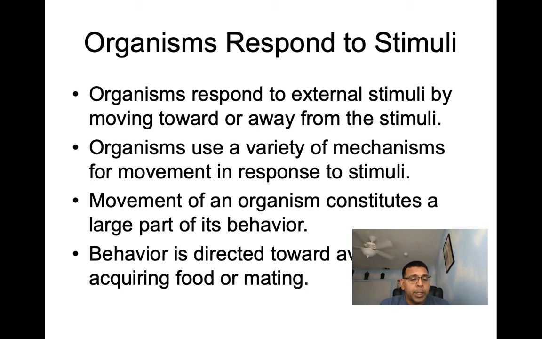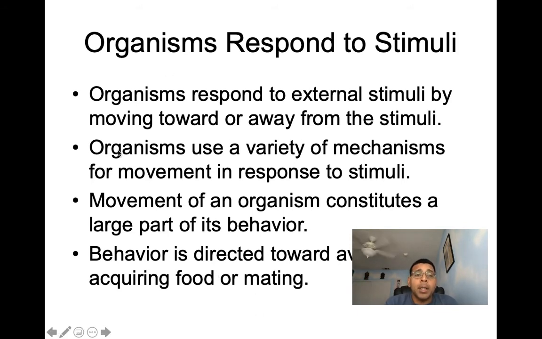Now, when we talk about movements in animals, including humans, it is dependent upon their nervous system and musculoskeletal systems. Behavior is going to be directed towards avoiding injury, acquiring food, or mating.